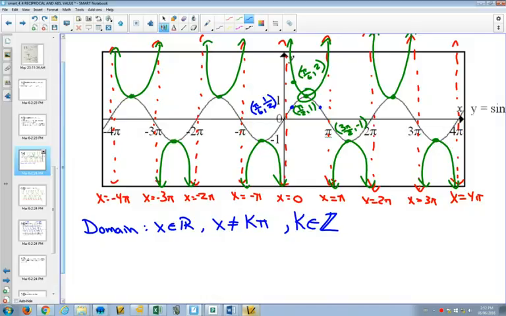Our range for cosecant: y is greater than or equal to 1, or y is less than or equal to -1.